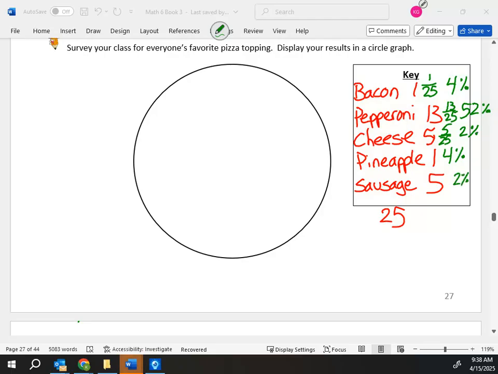Now, we can break our circle up. But does that equal 100%? That only equals 50%. Oh, yeah, because 2% didn't make sense, because it wasn't equaling to 100%. So what I did, my little checkpoint, did I do my percents right?